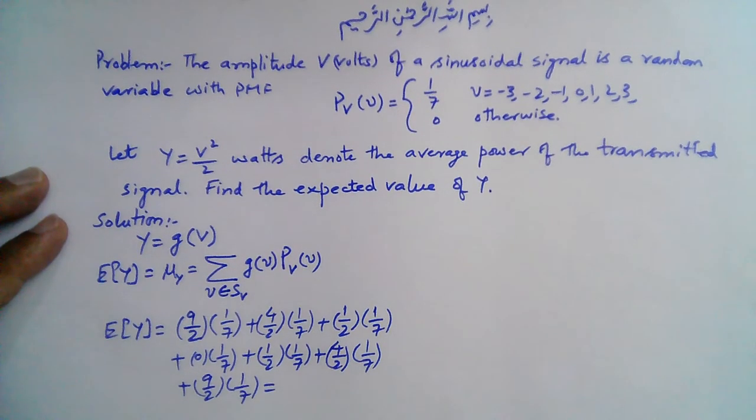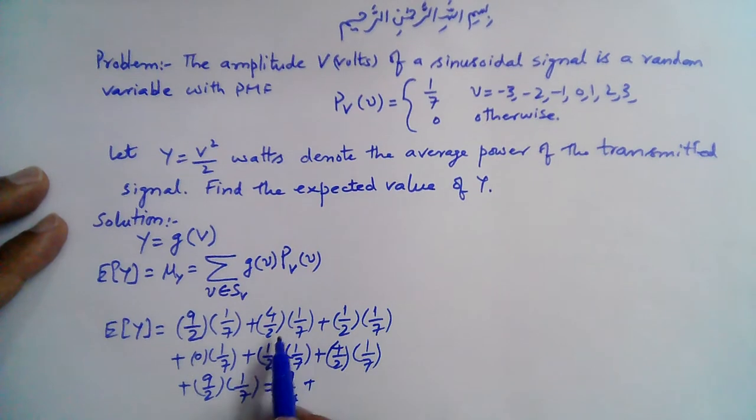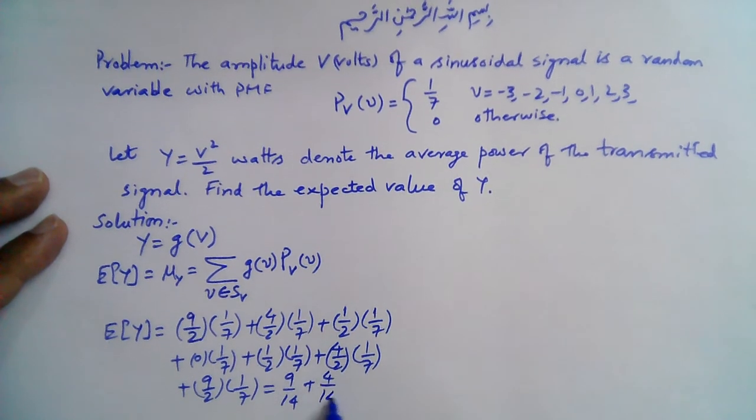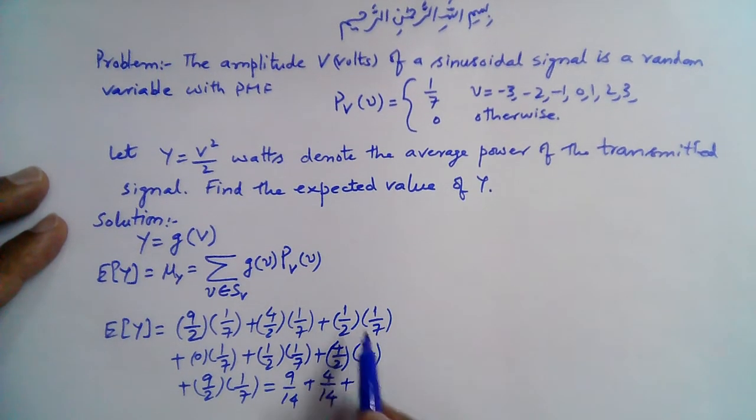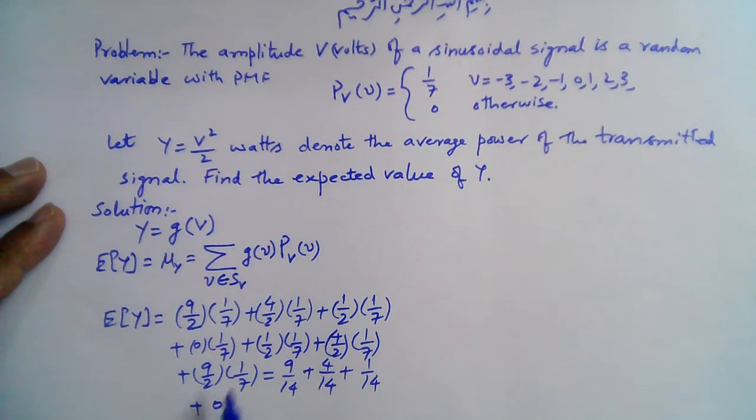So we now find these products, and then sum them together. So this is 9 over 14, this is 4 over 14, then this is 1 over 14, and here this is 0, right?